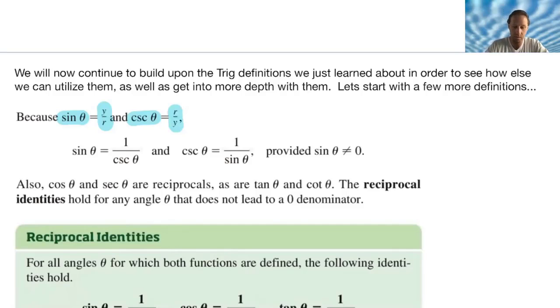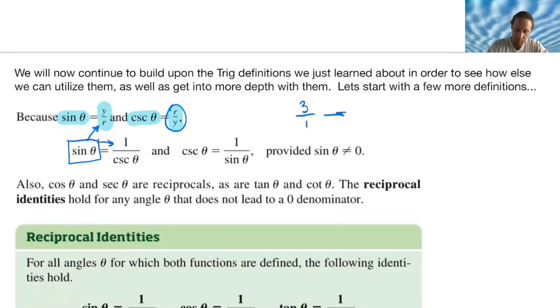So what we can actually do is take these things and rewrite them in alternative forms. So you can see here, instead of just writing sine as y over r and cosecant as r over y, I can actually rewrite cosecant as 1 over sine. For example, if I had the number 3, I could write 3 as 3 over 1.